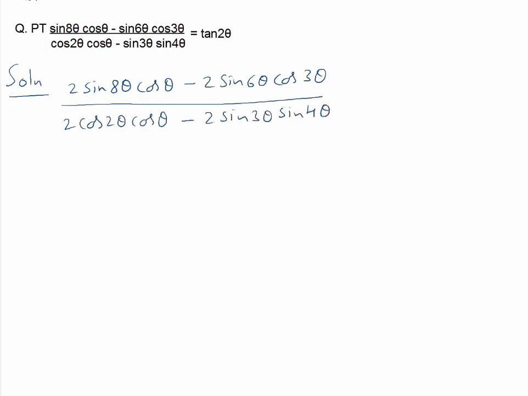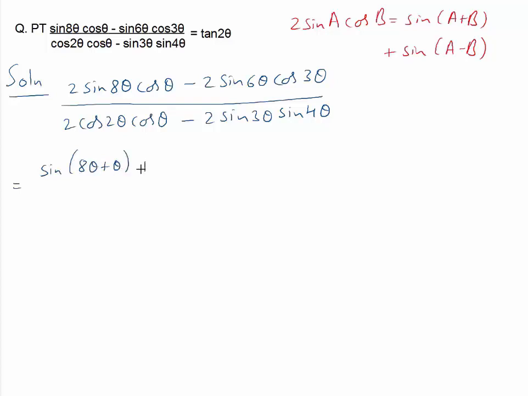Now the formula is 2 sine A cos B is equal to sine of A plus B plus sine of A minus B. So using this formula, the numerator will become sine of A plus B, so that would be 8 theta plus theta, plus sine of A minus B, so 8 theta minus theta. So this is the first part.